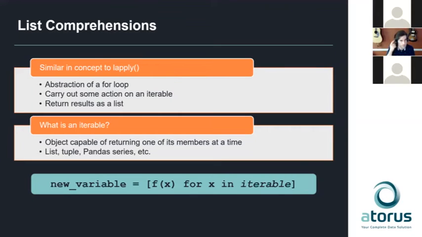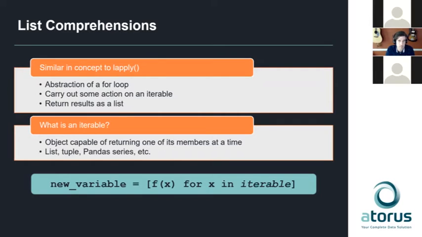So list comprehensions, you could probably technically do a lot of the stuff in Pandas just using list comprehensions. Basically, it's a similar concept to lapply if you're coming from R. If you're coming from neither, we're really just doing an operation on a part of a list. In R, lapply is an abstraction of a for loop: carry out some action on an iterable, and the returned result is a list.